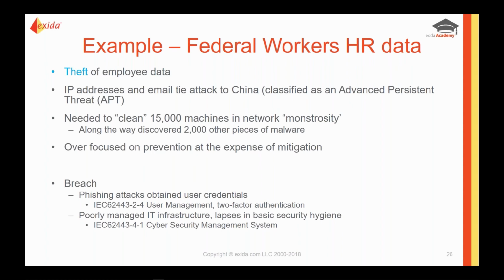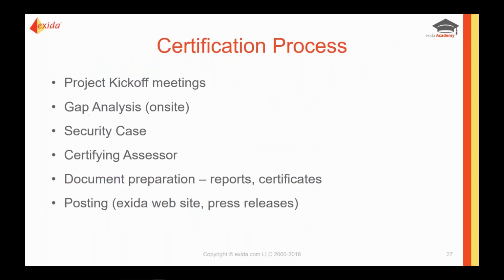They also had a very complex infrastructure. They also didn't have good overall cybersecurity management systems, standards and policies in place. All of that guidance is available in 62443. So if they had paid attention to this kind of guidance, it would have been much less likely that these attacks could have occurred.